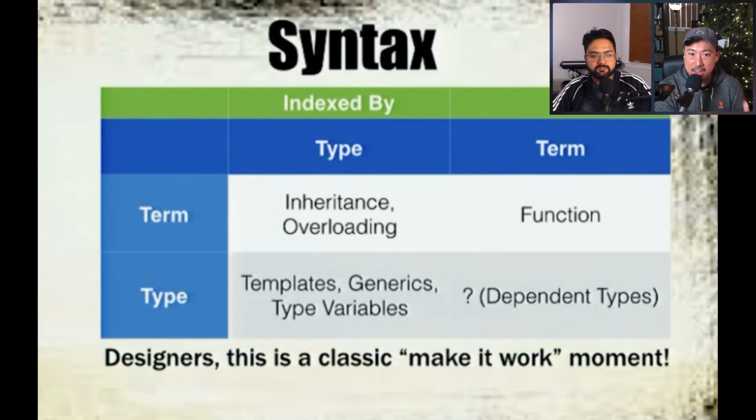Functions are something that you put in terms and you get out terms. And then you can do types to terms, which is polymorphism, or types to types, which are what we call generics. And then the last missing one is called terms to types. And so you can have different combinations of these sort of features, and they give you different type systems.